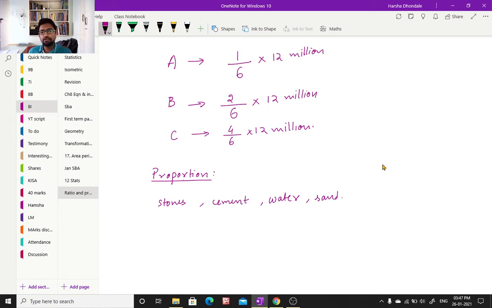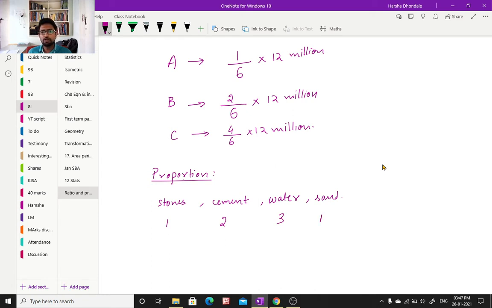Let us say if I take 1 bag of stone, then I need 2 bags of cement. For water, let me make it 3 bags, and sand I need 1 bag of sand.